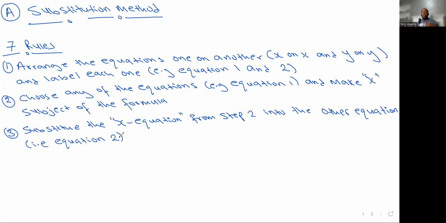All right. Now, when you've substituted the x equation, the next thing you have to do is solve the new equation for y. That is, you're making y the subject of the formula.